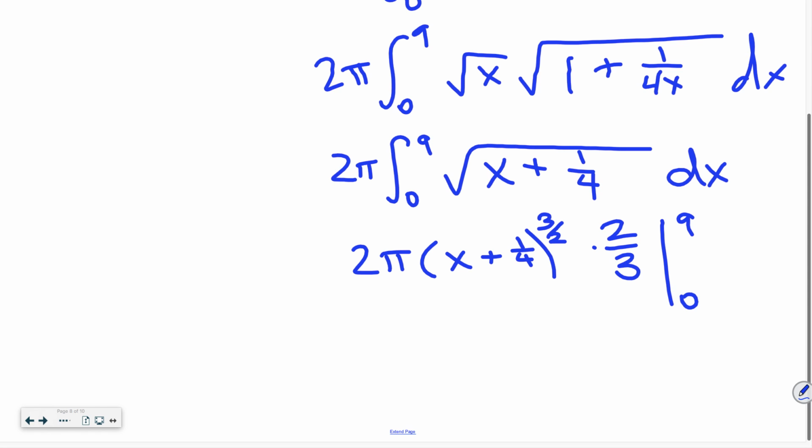The square root of 9/4 is 3/2, and then you cube that, so it'd be 27/8. 9 plus 1/4 would be 37/4, wouldn't it? That's a lot of fours.